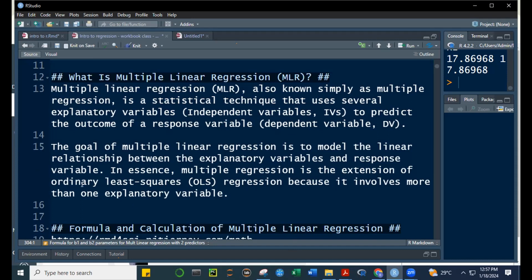Okay, it's ordinary, as I said here, because it involves only one explanatory variable. You're only dealing with one independent variable, the one that explains your dependent variable. So ordinary. Okay, least squares. What do you think is least here? Excuse me, class. What do you think is least?